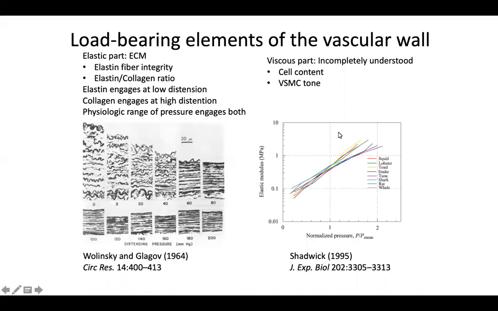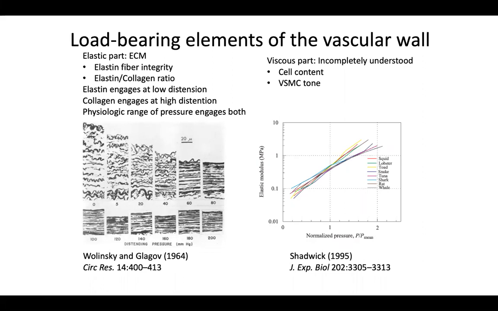Now, the viscous part is incompletely understood, but it is ascribed to both the cell content and the vascular smooth muscle cell tone. I have abbreviated this as VSMC, that's the vascular smooth muscle cell. And some experiments as far back as 1964 show really beautifully the changes that happen in the vascular wall as we distend it with increasing amounts of pressure.